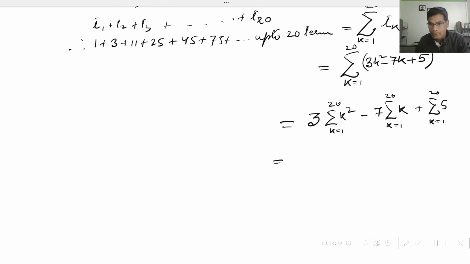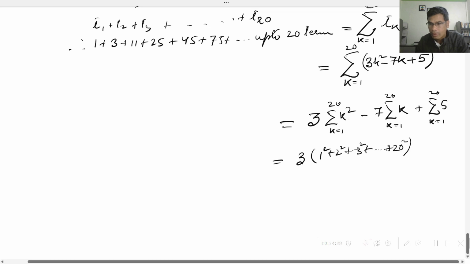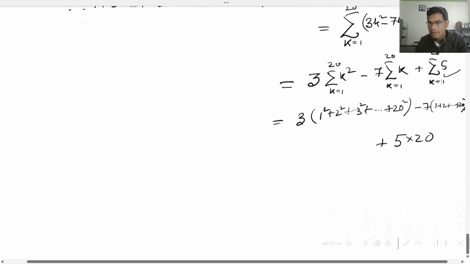So this is equal to 3 times 1 square plus 2 square plus 3 square up to 20 square, then minus 7 times 1 plus 2 up to 20, plus last term is 5 into 20, because we are adding 5 20 times.